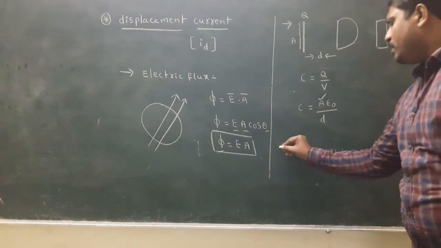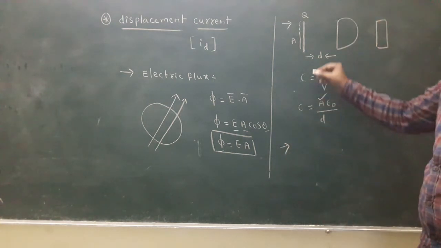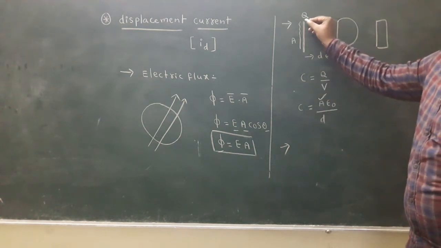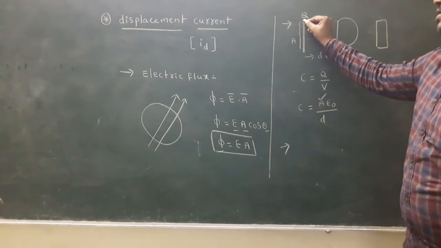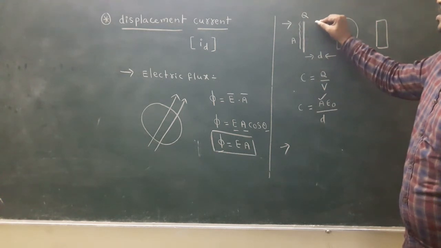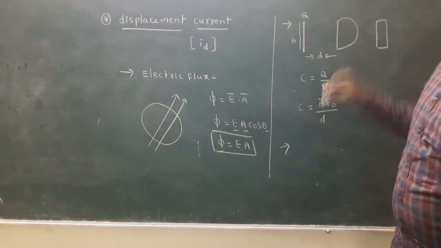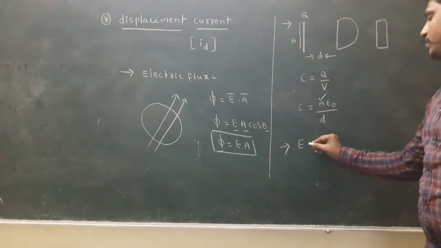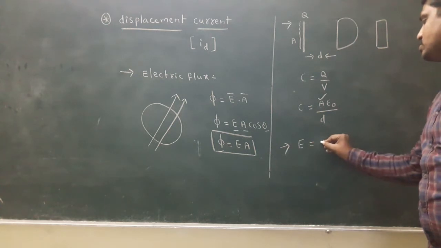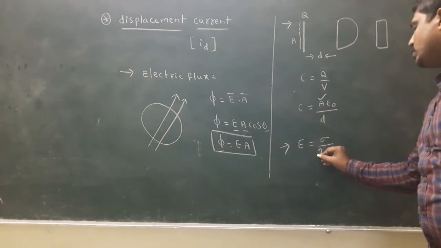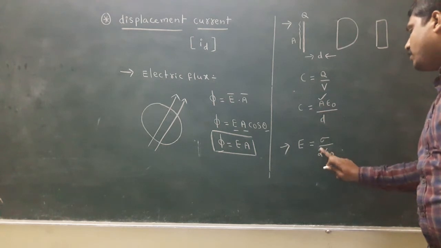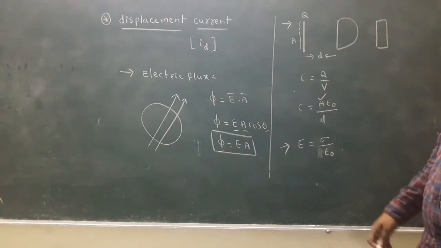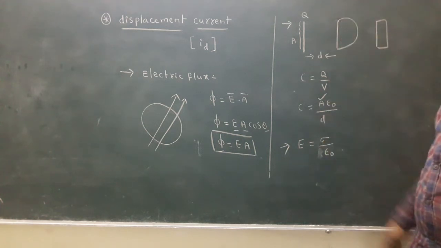Okay. Next, in the capacitor, here charge is there. Automatically this charge produces the electrical field. The field intensity between the plates is sigma by 2 epsilon naught from each plate, sigma by 2 epsilon naught, sigma by 2 epsilon naught.